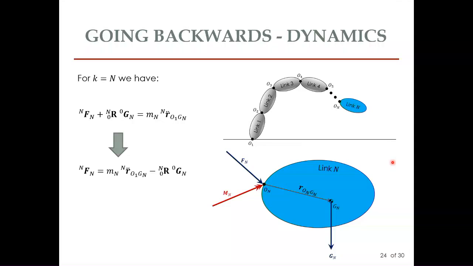Given no external forces on this mechanism, this is a correct free body diagram for the last link in the chain. Now what is this equation?